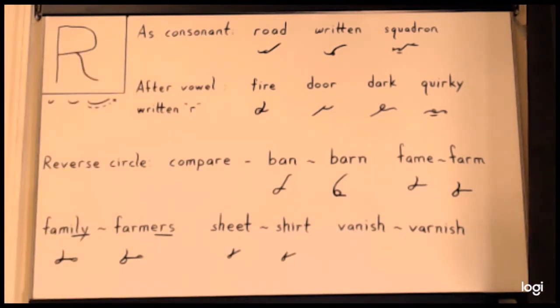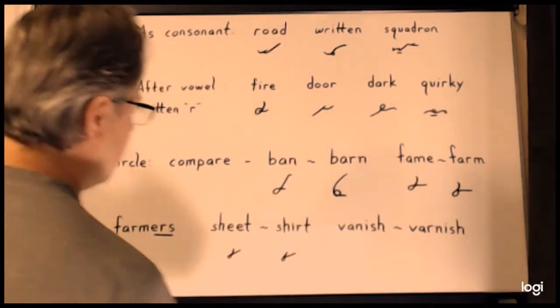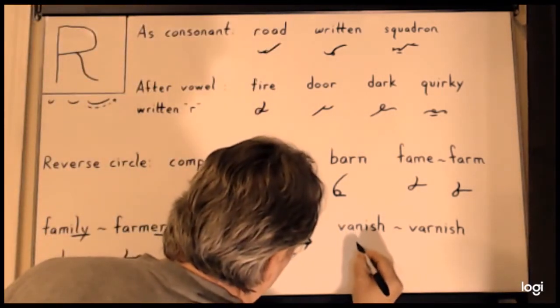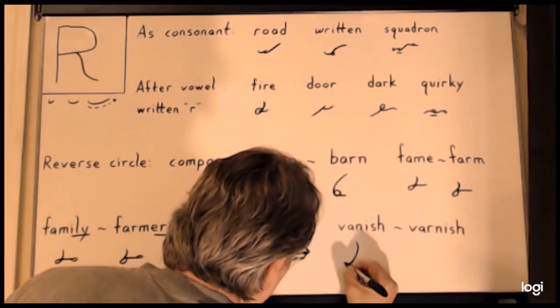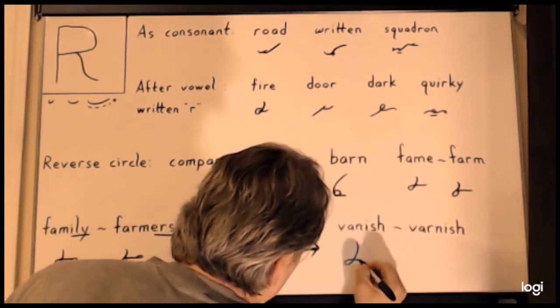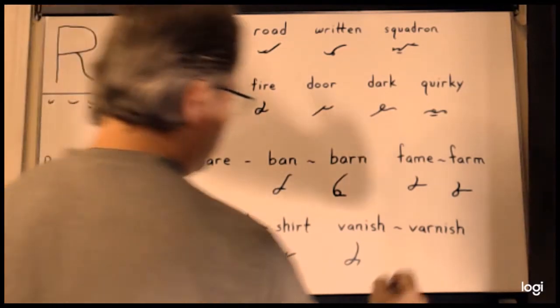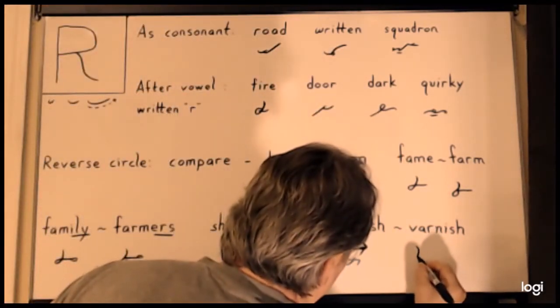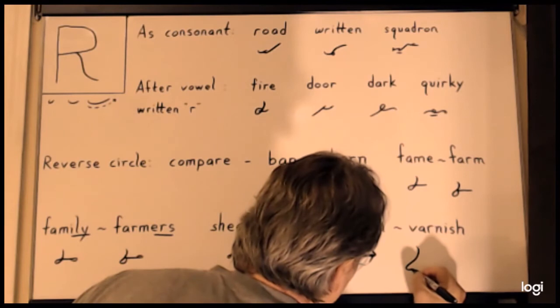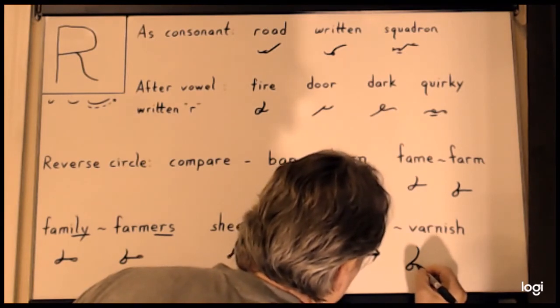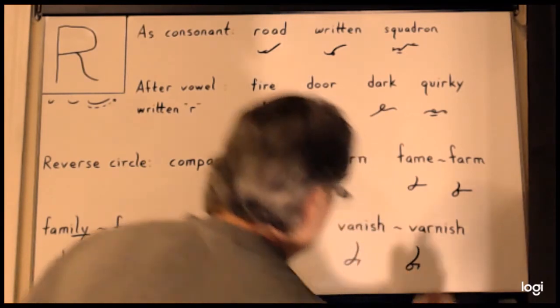The next word is vanish and then varnish. So vanish will just be the V, the clockwise A, N, and SH, and then varnish will be the V, reverse A, N, SH.